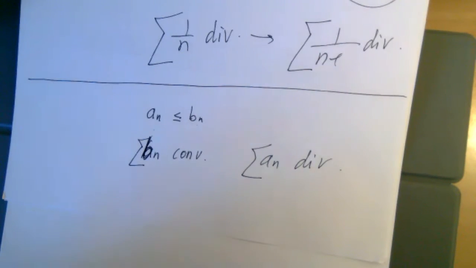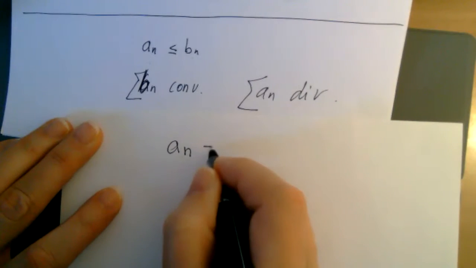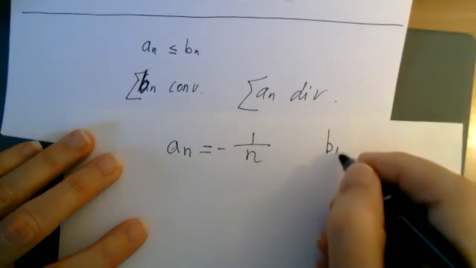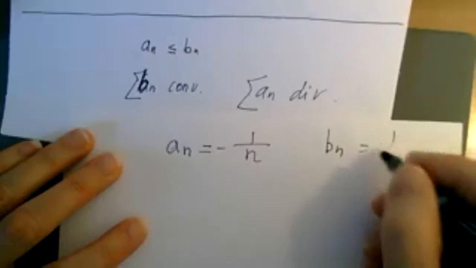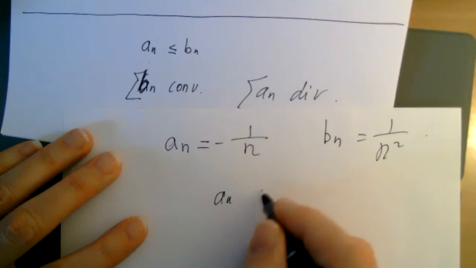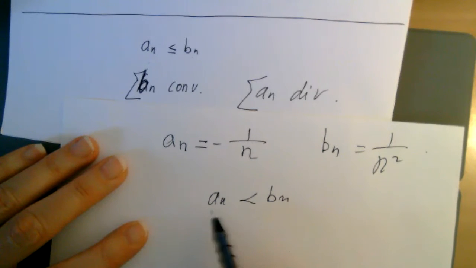All right, I see what Tim gave me. He suggested the following: take a_n to be -1/n, negative, and b_n to be 1/n². Of course, a_n is less than b_n because a_n is negative and b_n is positive.